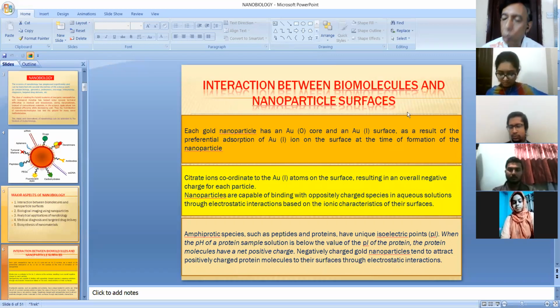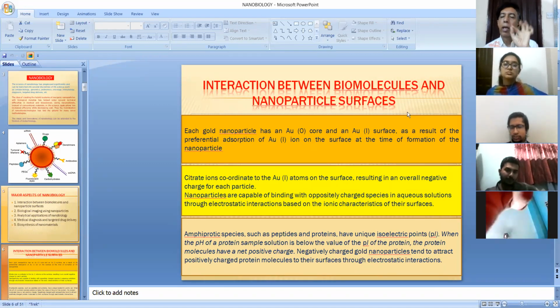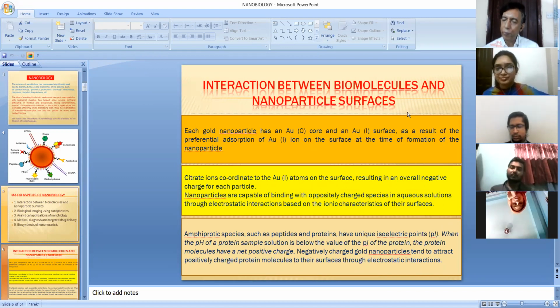Now, what we have to do first, to prepare a nanobiomaterial, you have to take an inorganic nanomaterial, and you have to hybridize it. You have to mix it. You have to attach it with a biological molecule. Say, for example, you have to attach it to a protein.